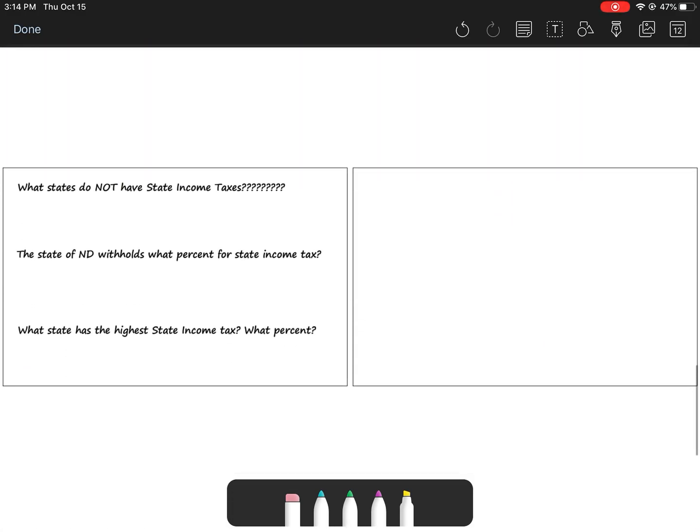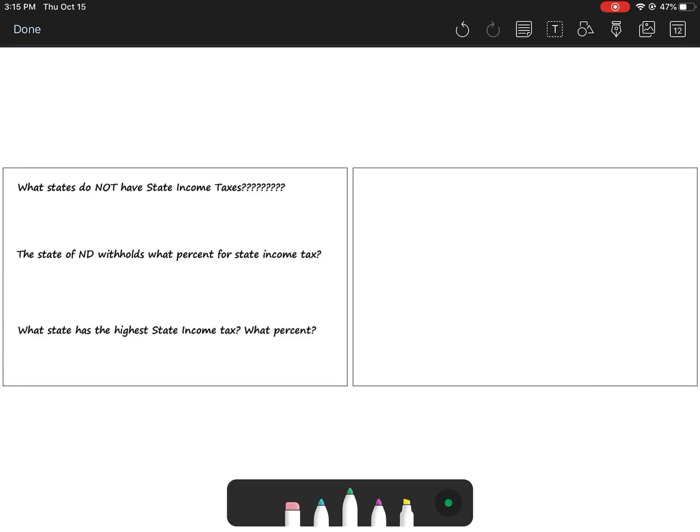Okay, so last thing, which states do not have state income tax? So there are states where you don't have to pay state income tax. So that means by living there, there is actually a little bit more money in your pocket versus living in a different state.